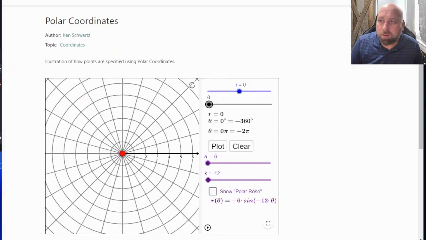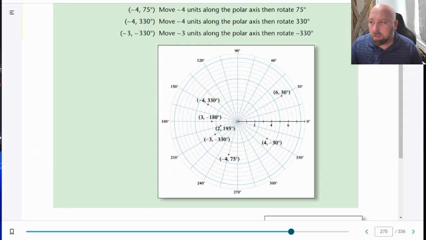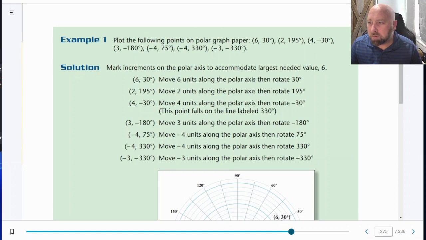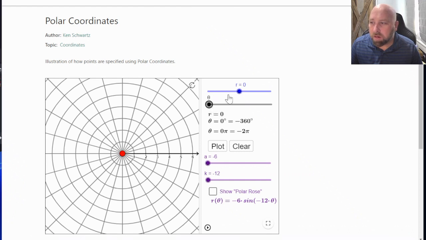Let me also show you GeoGebra real quick. So here is another way to plot. I don't love this as much, but basically here's our R, which is our rho. So you put your rho at whatever it is. So let's grab one of these from the book. Let's grab this one. I don't think we did this one. Negative 4, 330. So if we go negative 4, we'll go negative 4. 1, 2, 3, 4.